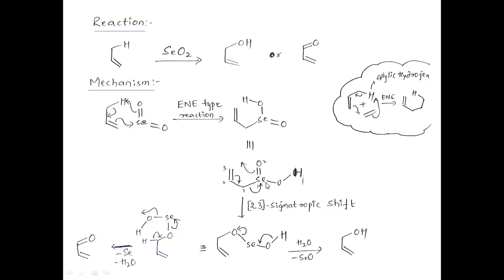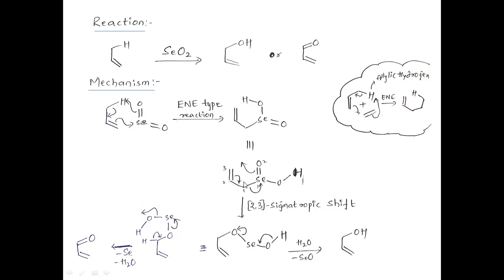Now, the allyl selenic acid formed in this case undergoes a 2,3 sigmatropic shift. Between positions 2 and 3 a new sigma bond is formed, and the sigma bond is moving from this position to between these two positions. These are the old positions and these are the new positions of this sigma bond. So the sigma bond is migrating in this case. This is a sigmatropic shift type of reaction.